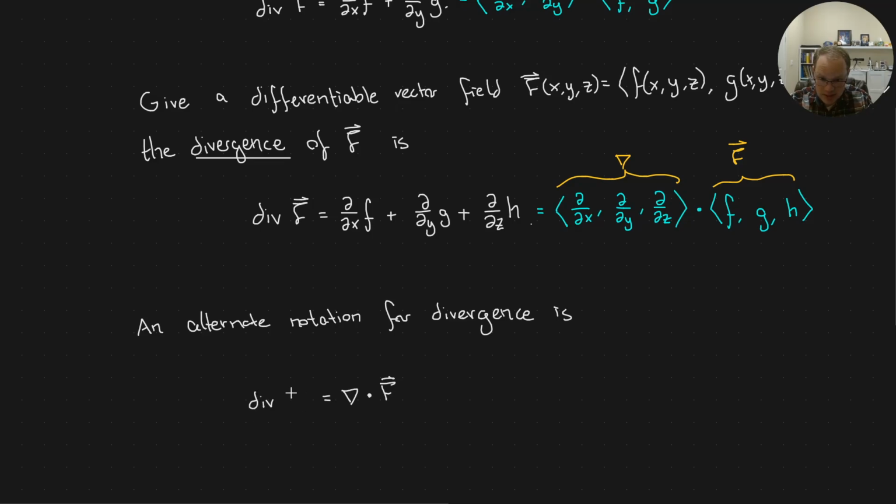That would be the same as the divergence of vector field F. And you will see both notations used. I am kind of partial to this second notation just because it helps me remember what we get, the formula for divergence.